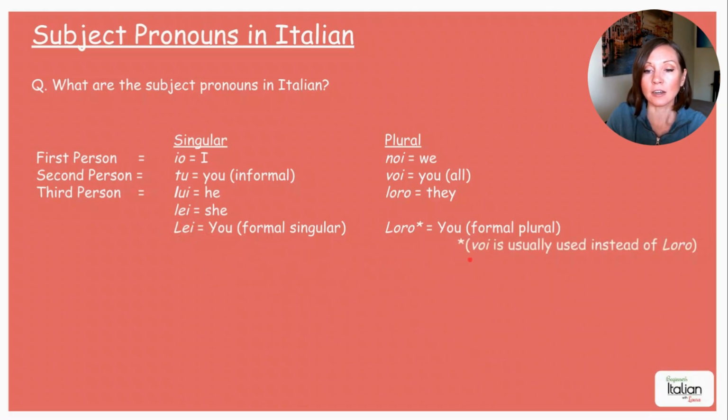Okay, but voi is usually used instead of Loro in everyday speaking. So you're not really going to be using Loro unless you're in the formal, unless you're studying this for business purposes or in university or something like that, where you have to write a lot of formal language. Okay, so in everyday language, you're basically going to be using voi for the plural you.